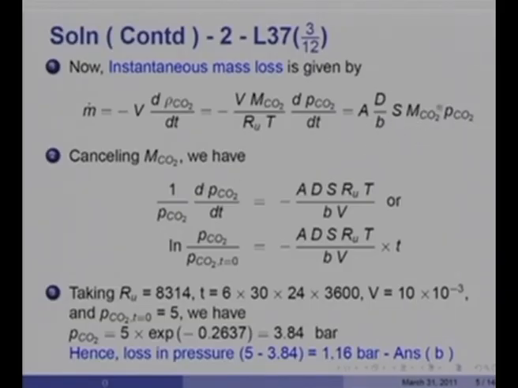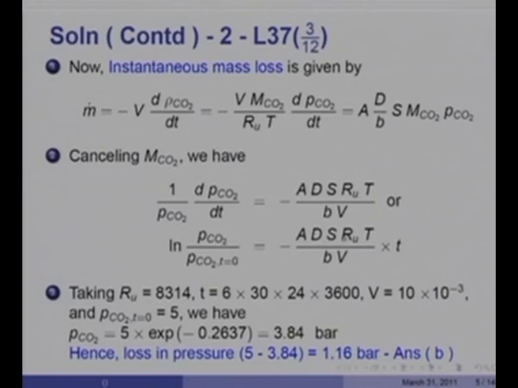So, rearranging this, dividing by p CO2 here, you get 1 over p CO2 dp CO2 by dt equal to minus A D S, the solubility, Ru into T divided by B into volume, or ln of p CO2 by p CO2 at time t equal to 0 would be minus A D S Ru T divided by B V into time in seconds.